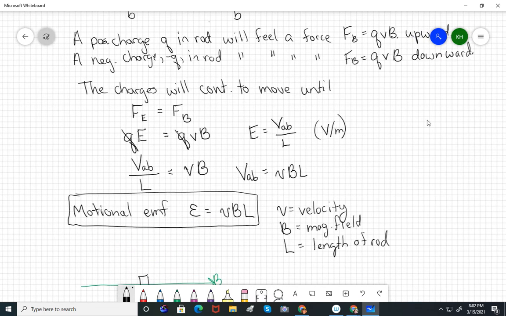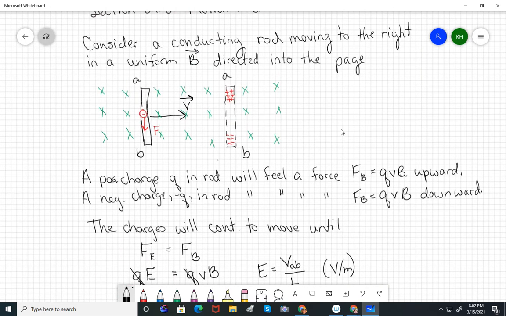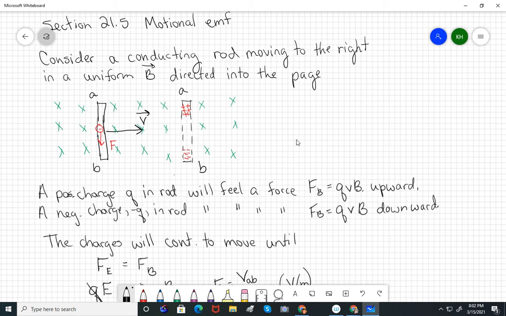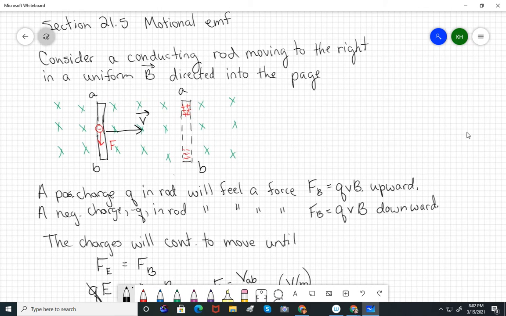Now, there is another possibility. Notice this, the first picture I gave you gives you pretty much the maximum induced EMF. What if instead we keep the magnetic field, let's just draw it like this. What if I have the rod where the velocity is still perpendicular, but the rod points like this, and it's moving this way?